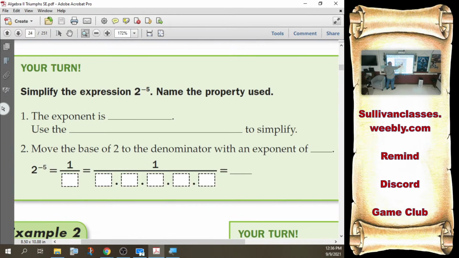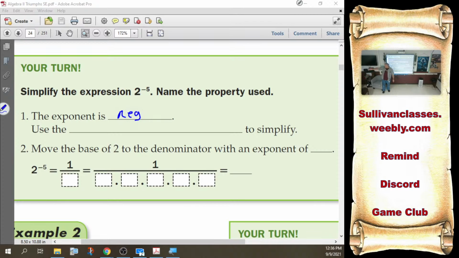So, walk me through. Hey, that was actually fast. Good job, Frank. The exponent is negative. So I'm going to use the negative powers property, or whatever it says in the book.